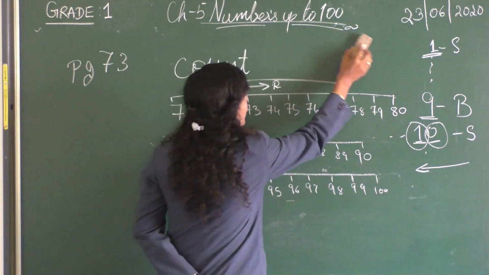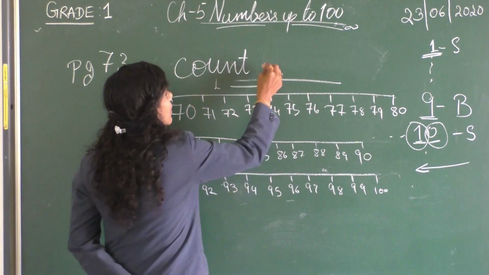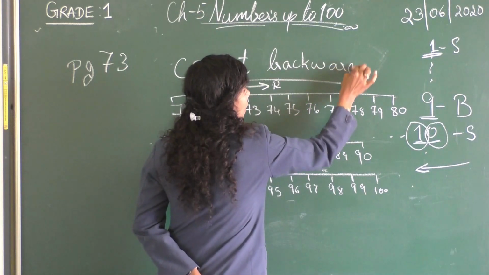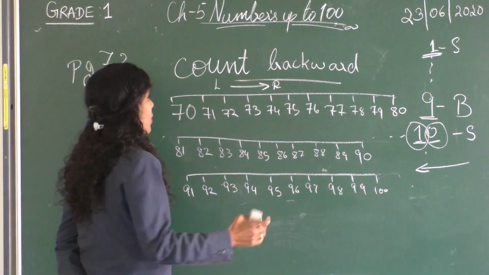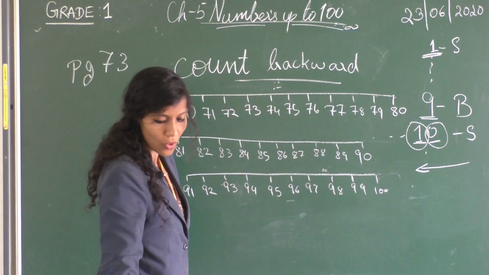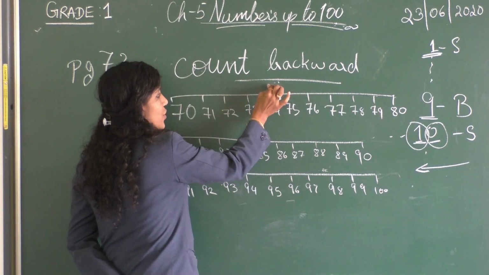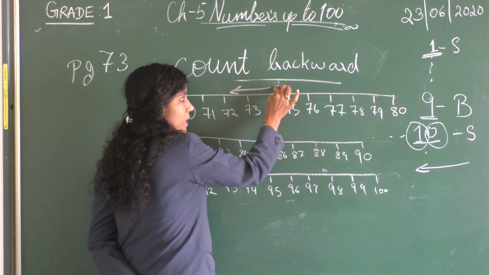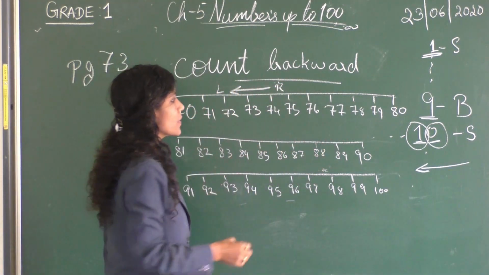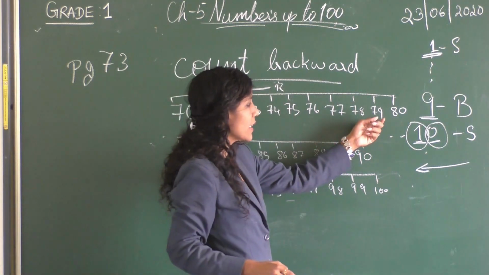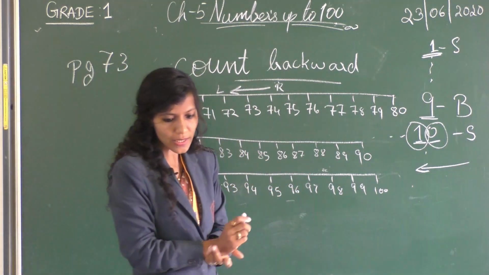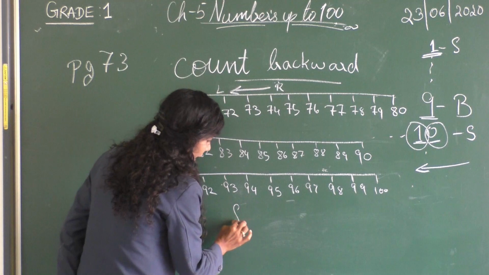When it comes to count backward, we have to go in the reverse direction, that is, from right we go to left. So we start counting from any number which is given here, and we have to come this side. Now here they have given you 80. Starting is 80.